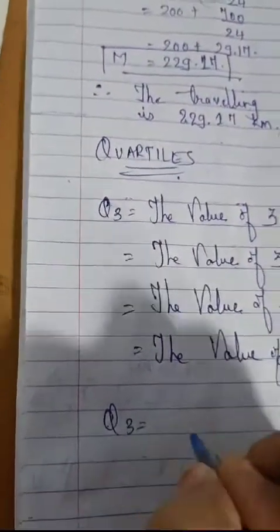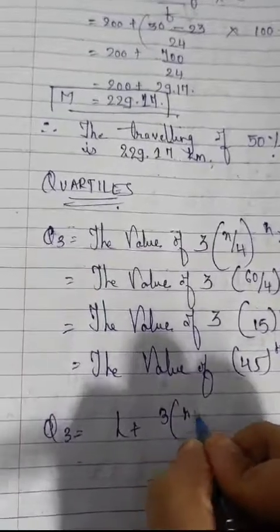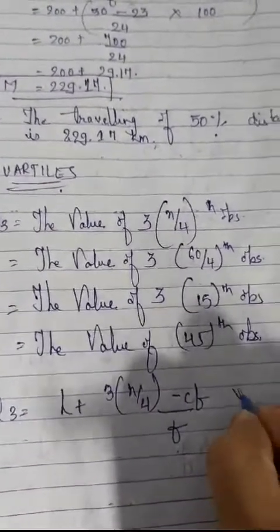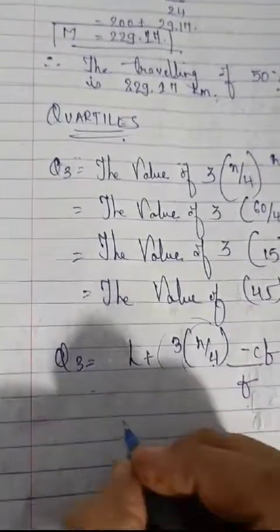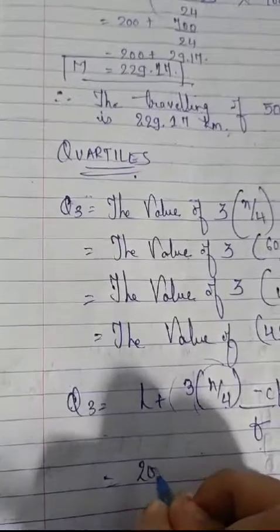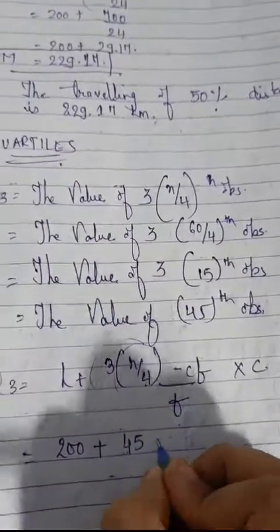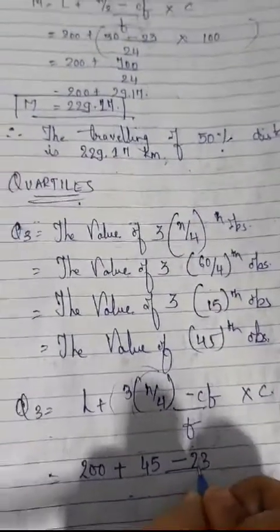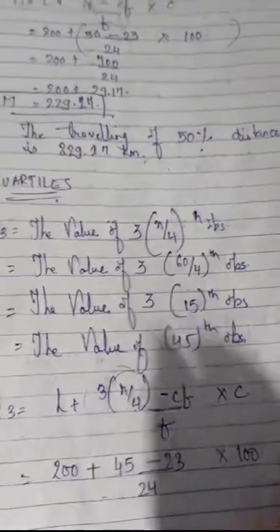So here Q3 equals L plus 3 into n by 4 minus CF upon F into C. Everything is same, only this is going to be changed. Okay, 200 will also be same, plus 3 into n by 4 is 45, minus CF is also same, 23, into F will also be same, that is 24, into C is 100, because it is a similar class.